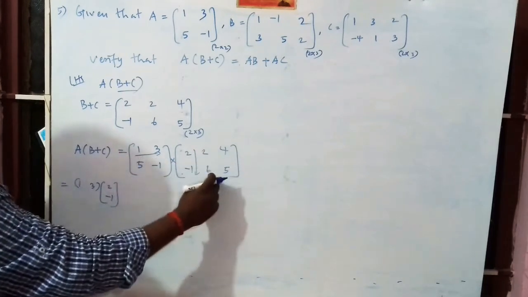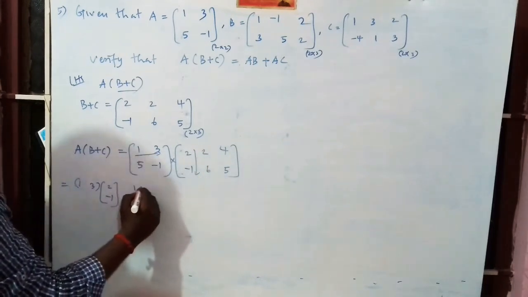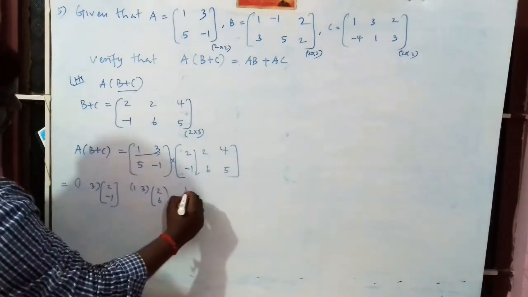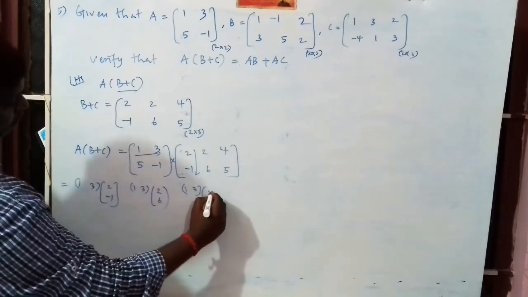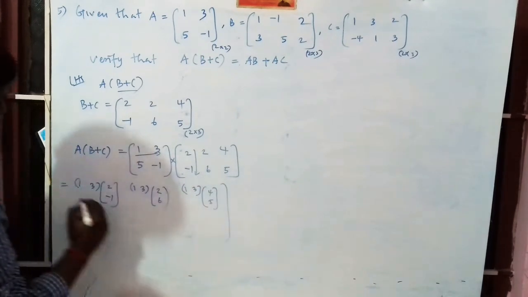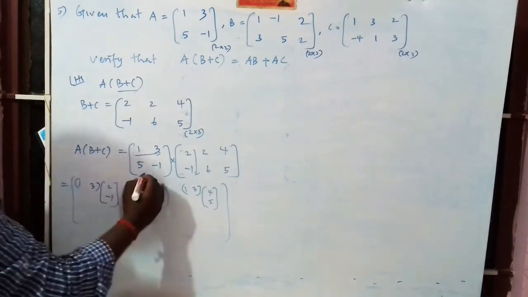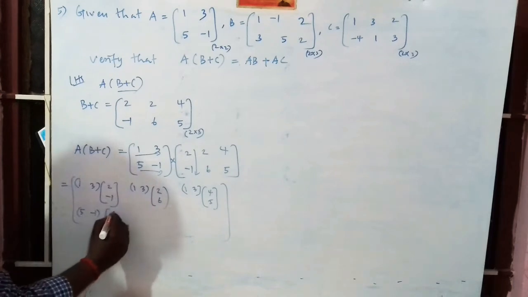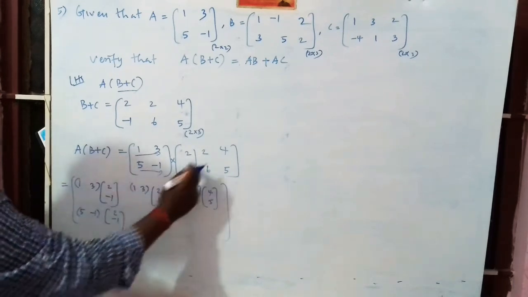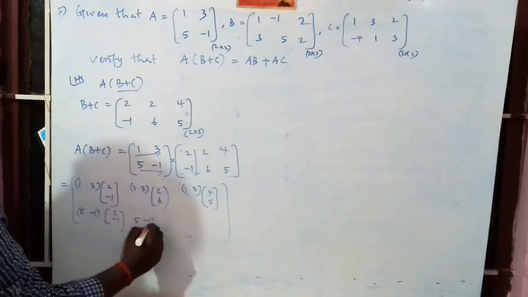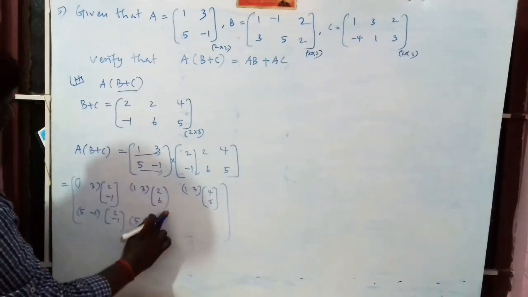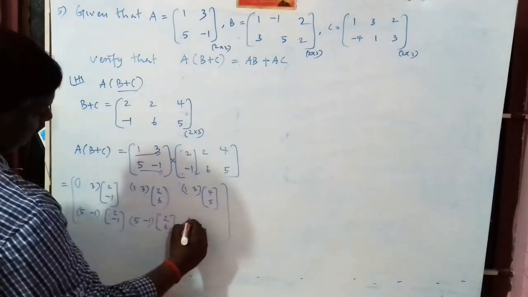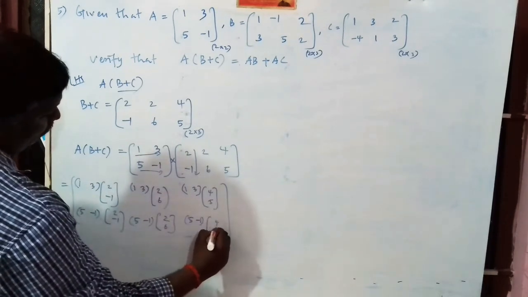First row and second column: 1, 3 into 2, 6. First row and third column: 1, 3 into 4, 5. Next is second row and first column: 5, minus 1 and first column 2, minus 1. Second row and second column: 5, minus 1 into second column 2, 6. Next second row and third column: 5, minus 1 into third column 4, 5.